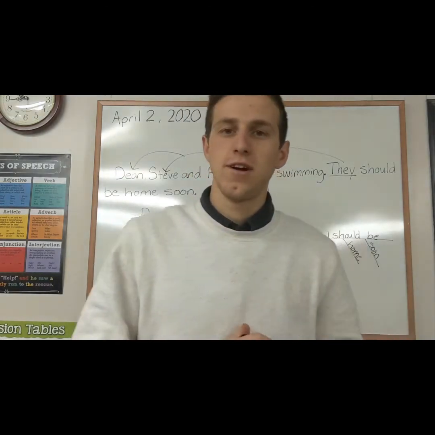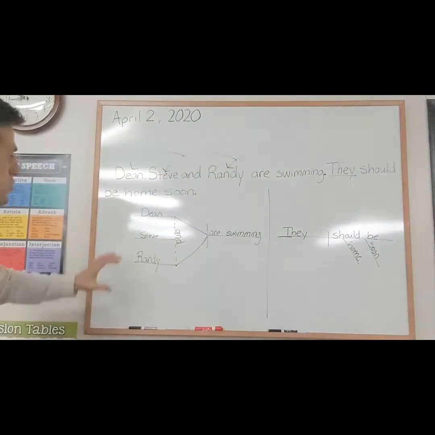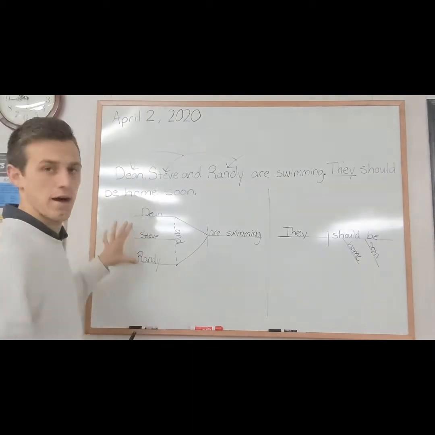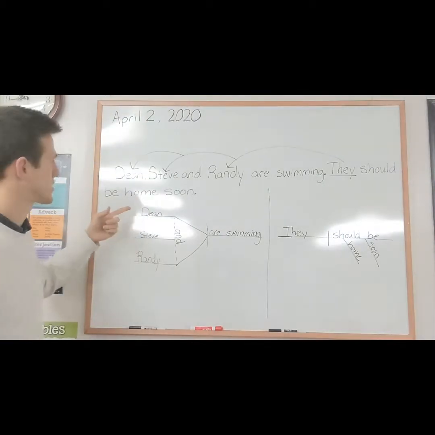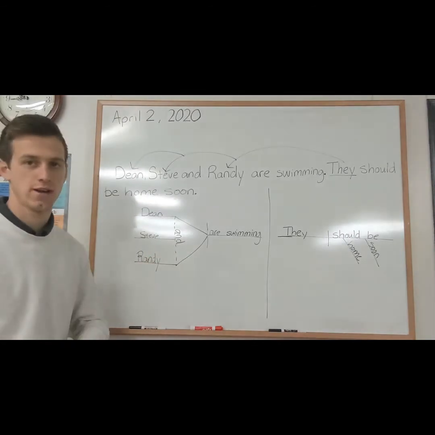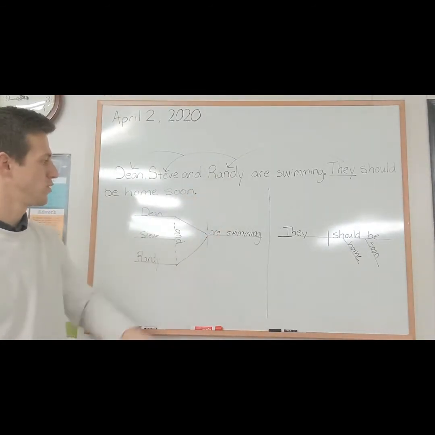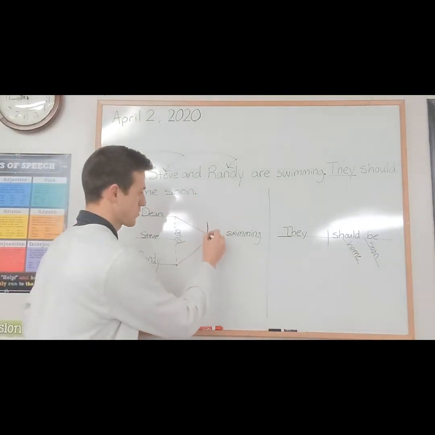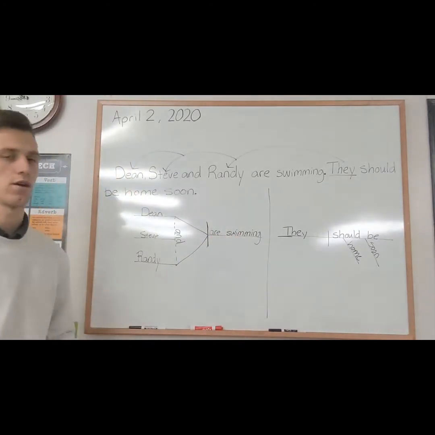Ready to check it? All right, so our first one, we should have drawn our compound subject, and we should have had our subjects as Dean, Steve, and Randy. Our conjunction needs to go on our dotted line there. And then our verb, we need to draw our line between our subject and our verb, are swimming, all right?